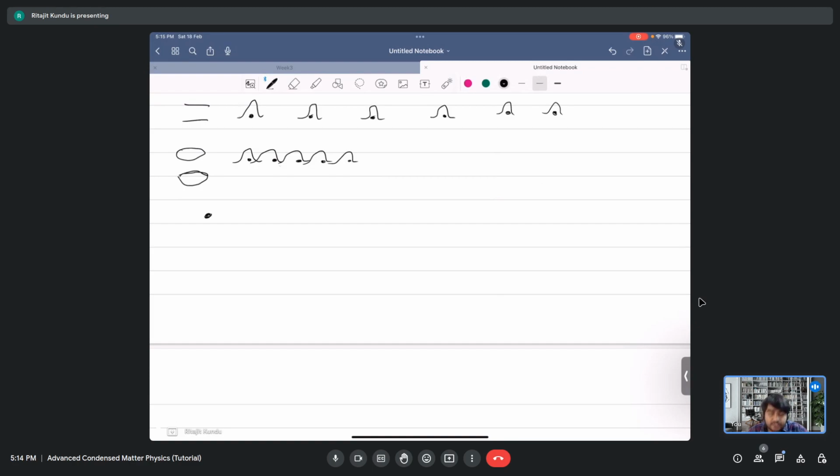There is no other site to hop to, so the tunneling is 0. The Hubbard model in that case is just given by U sum of n_i up n_i down minus mu n_i sigma. You see there is no tunneling. This is the single site limit, also called the atomic limit.